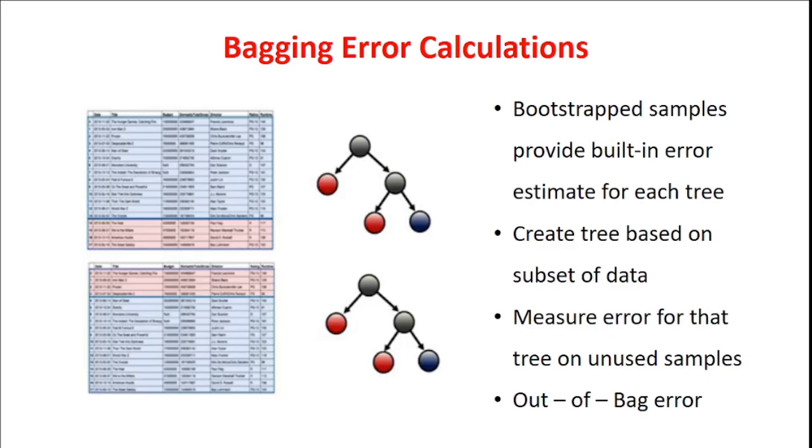For each data set, we have used only 2 by 3rd of the data, and the remaining 1 by 3rd is unused data. We create a tree based on that subset of data and measure error for that particular tree on unused samples, and that error is called out of bag error, OOB error.